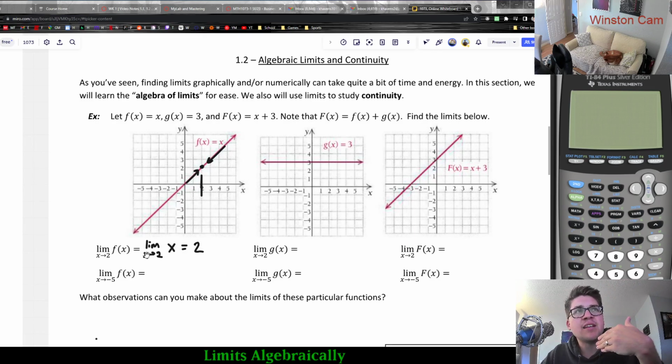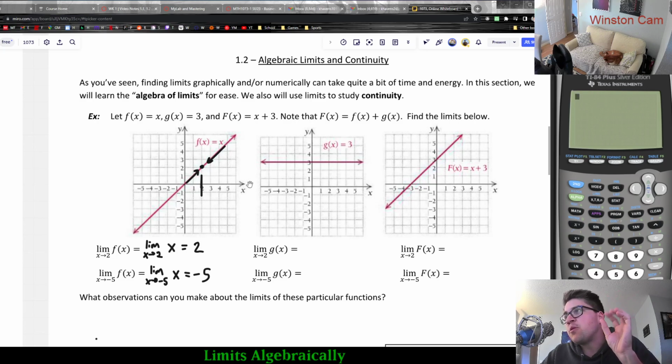This is a general thing you can apply. Say we're looking at the limit as x approaches -5 of x. Basically, we don't need to think about it. You can just plug in -5 and we're good to go.